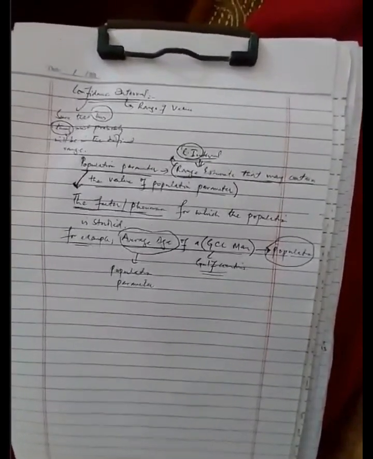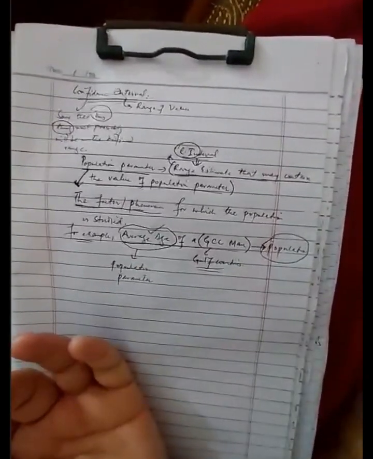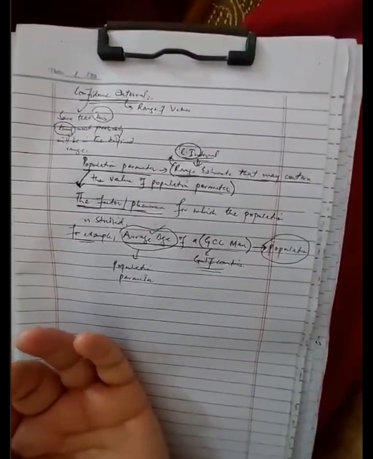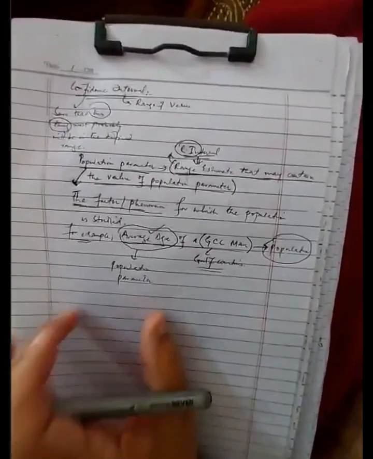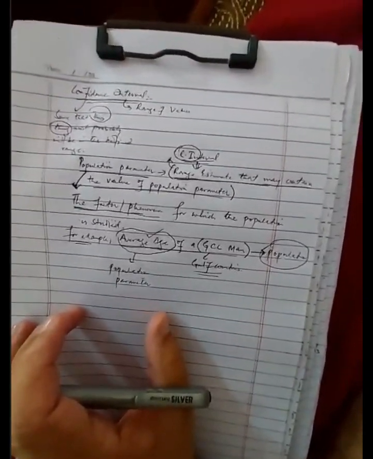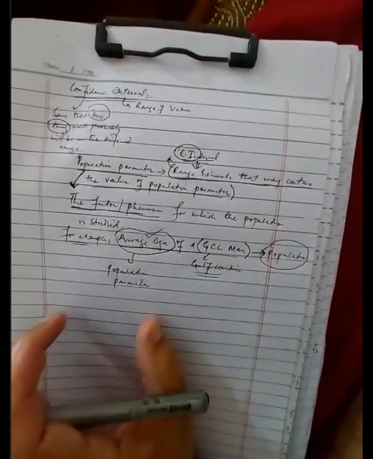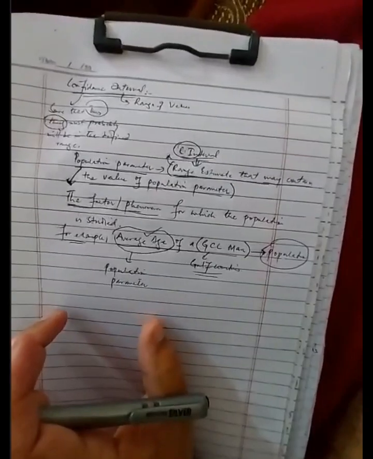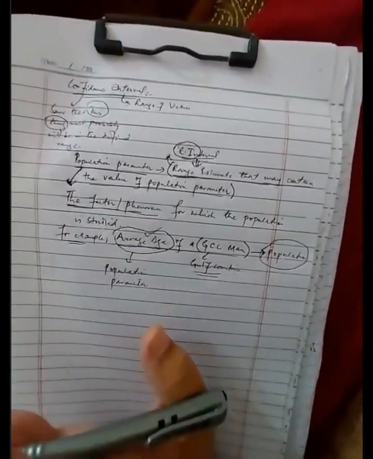Here, the GCC countries are the population, and the average age of men is the population parameter that we are interested in.